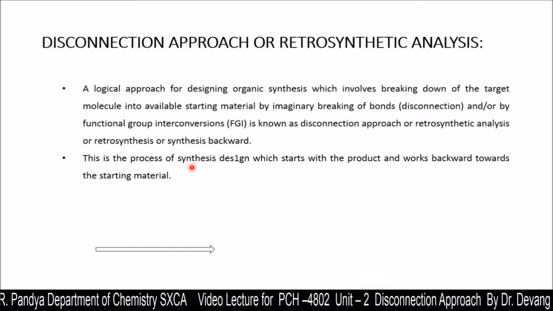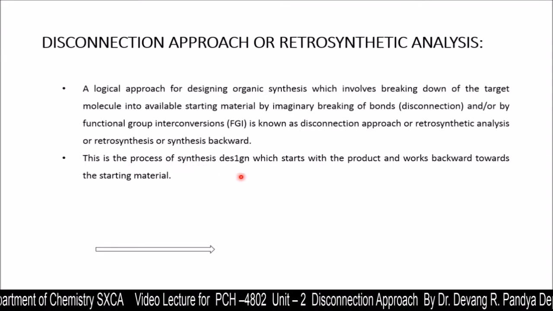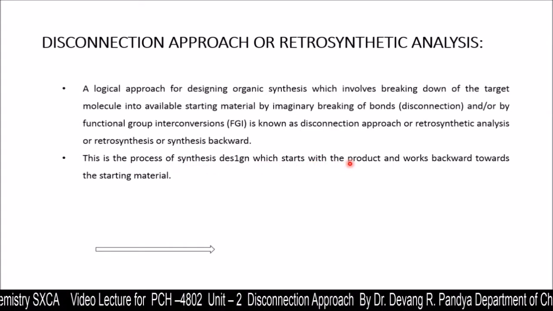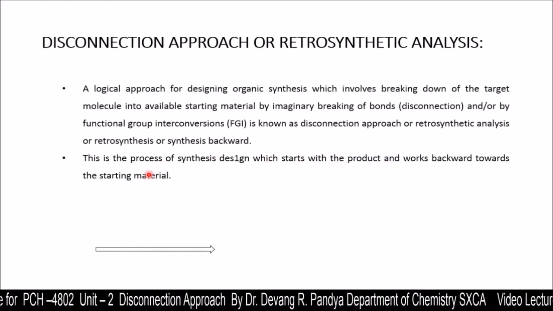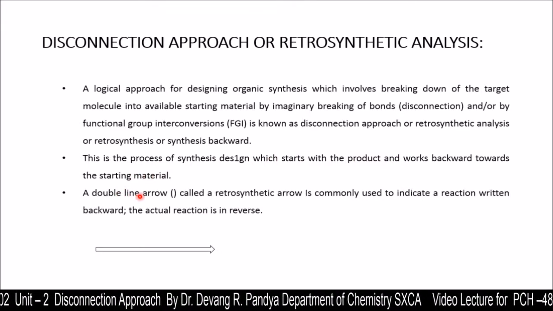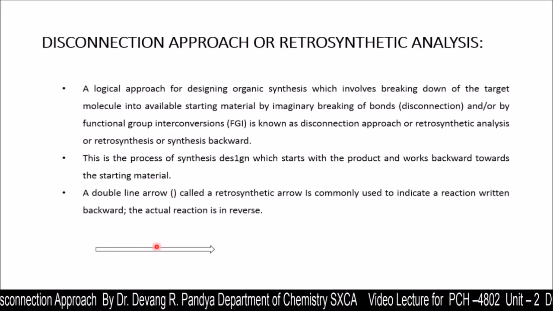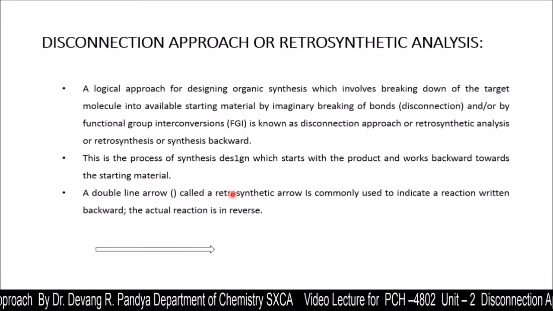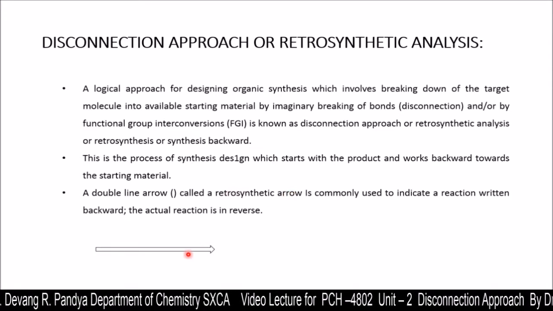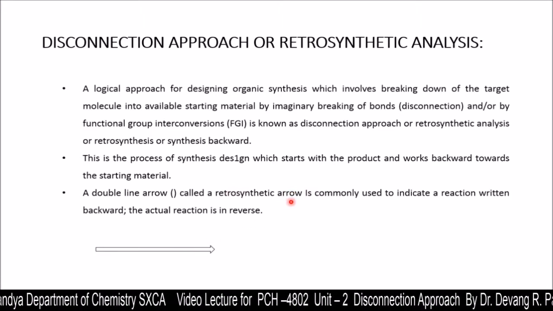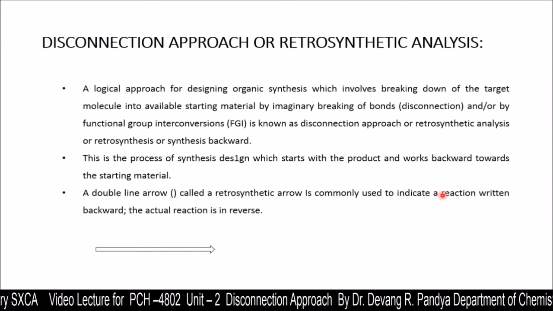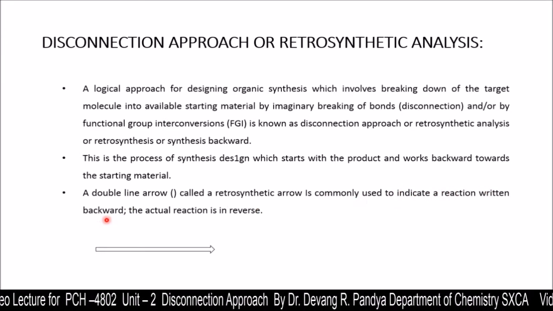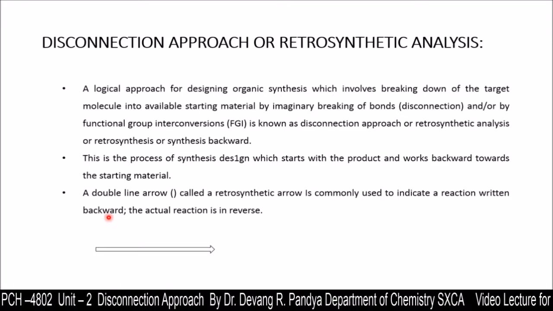This is the process of synthesis design which starts with the product and works backward towards the starting material. A double line arrow, called a retrosynthetic arrow, is commonly used to indicate a reaction written backward from the target molecule to the starting molecules.